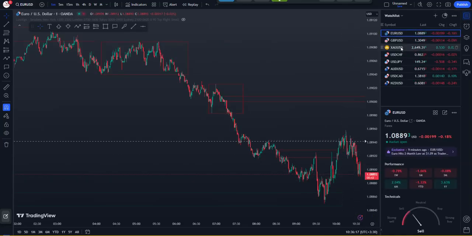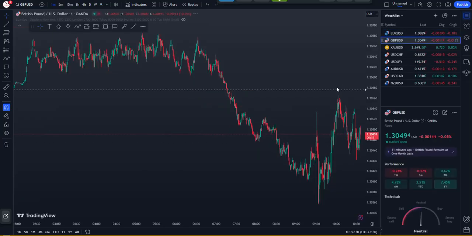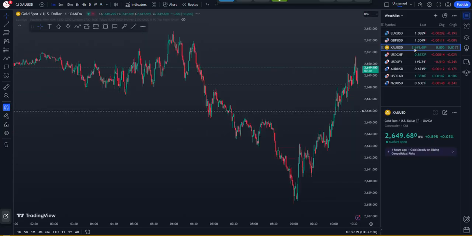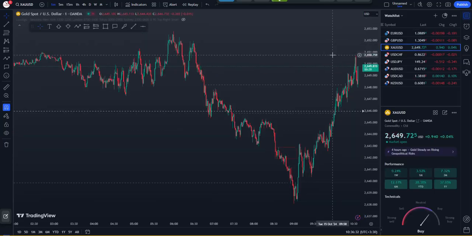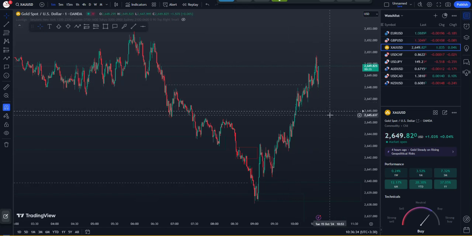Okay, this euro pound, what happened to pound? I'm waiting for price to engulf this one and go back long. The gold price goes up, doesn't go back to where I think about that.